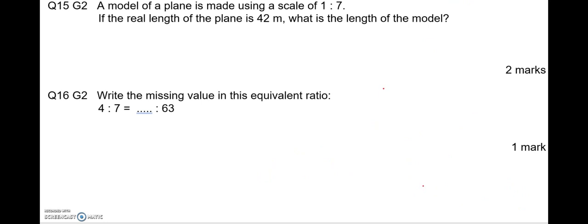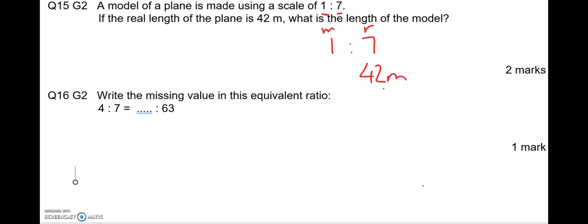We have a model of a plane is made using a scale of 1 to 7. If the real length of the plane is 42 meters, what is the length of the model? So we've got 1 to 7. 1 is the model and 7 is the real plane. Now, if the real length of the plane is 42 meters.